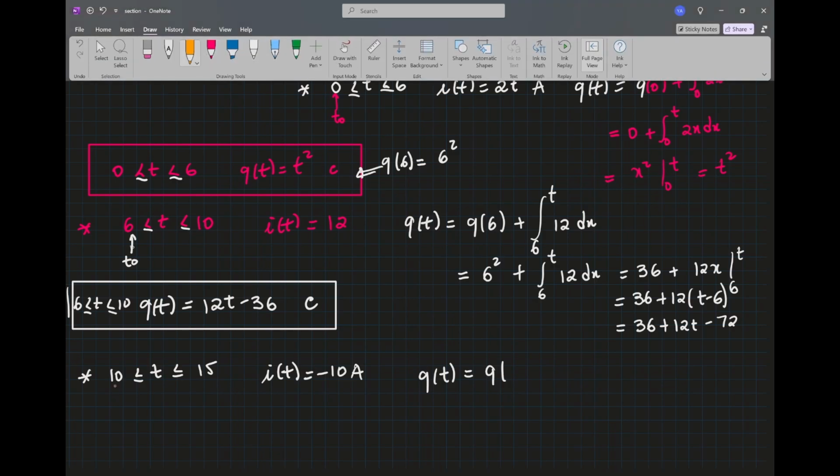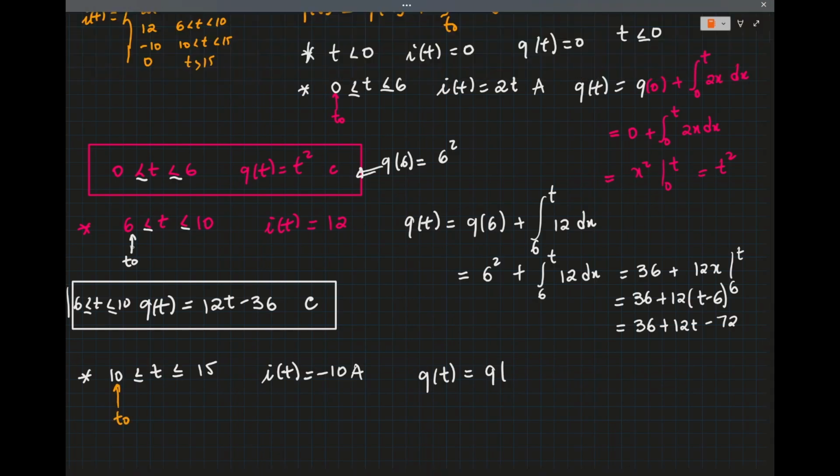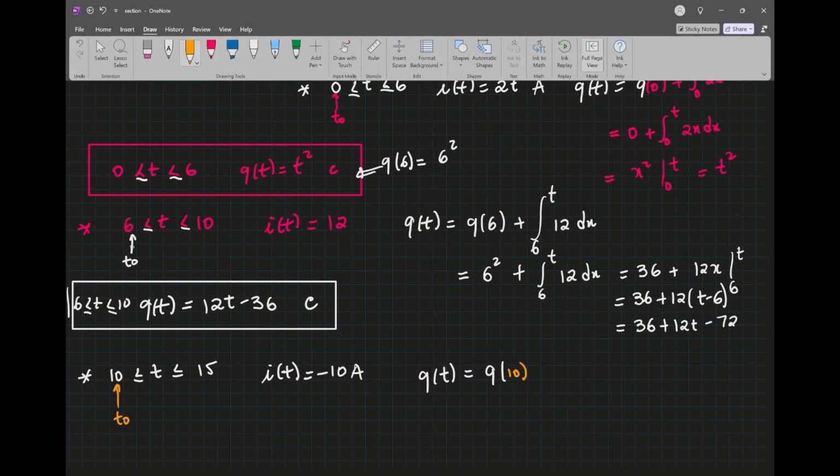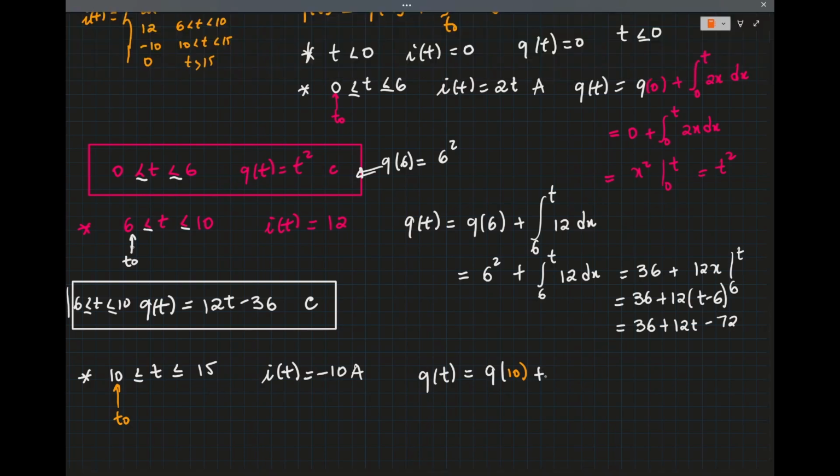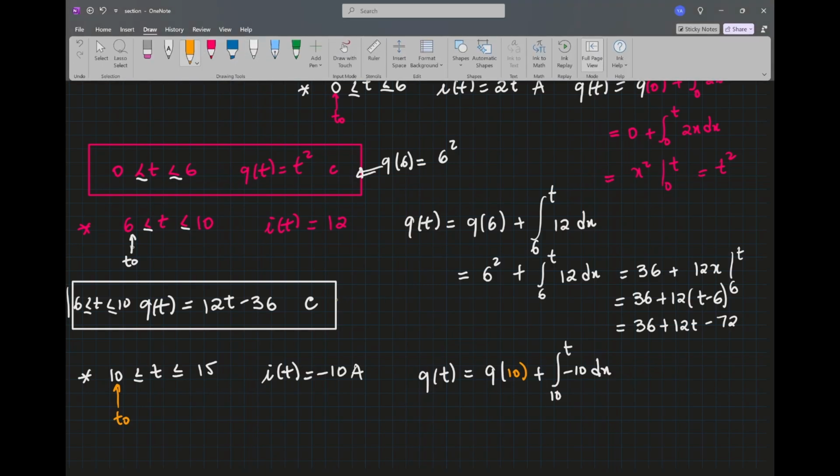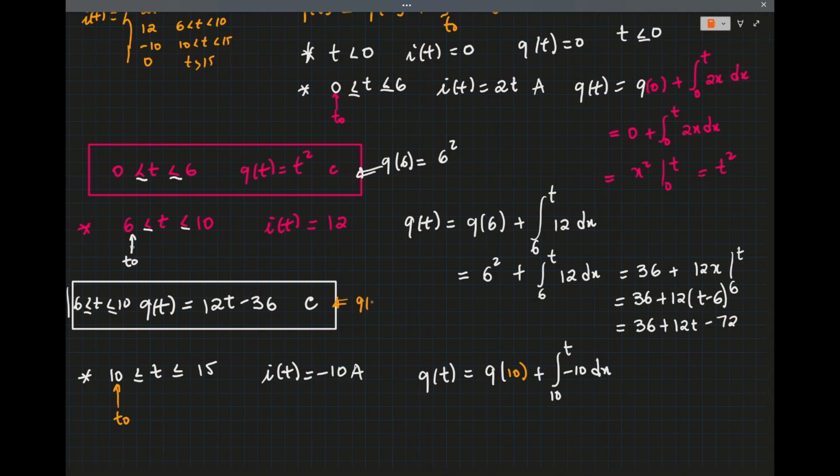That's the beginning of an interval, right? So it's Q of 10, and then plus the integral from 10 to t of negative 10 dx. So Q of 10, we'll find it from the previous one. So Q of 10 equals 120 minus 36.